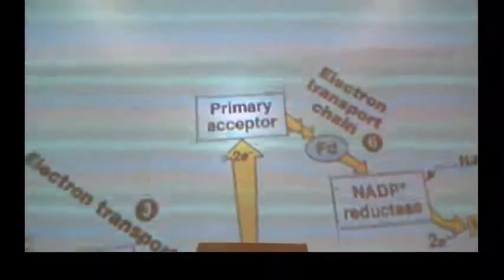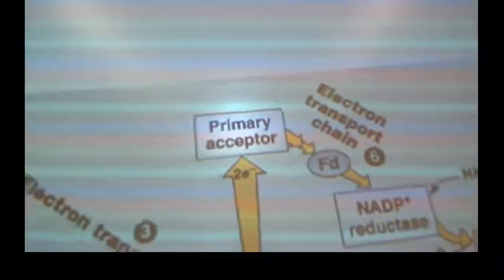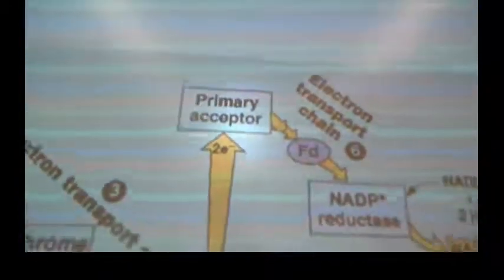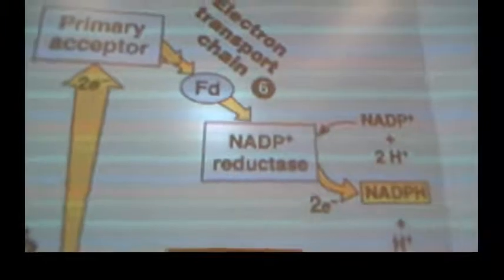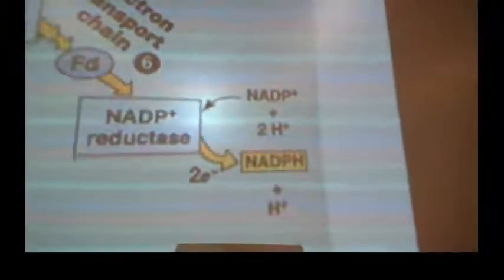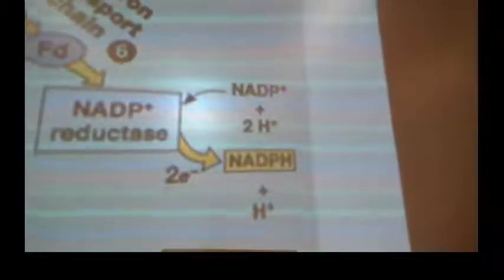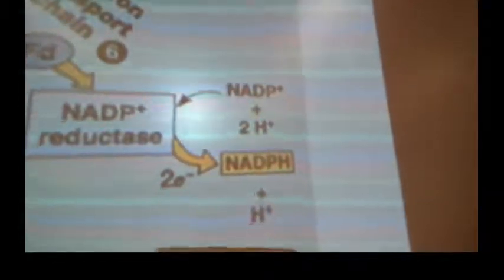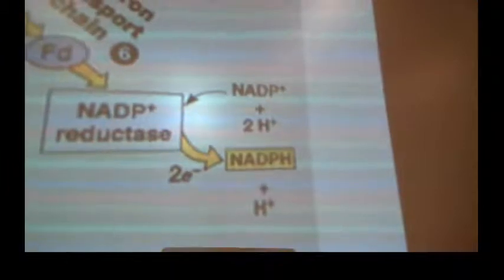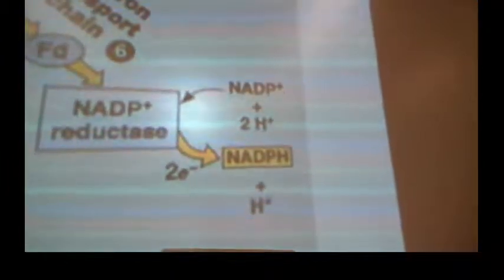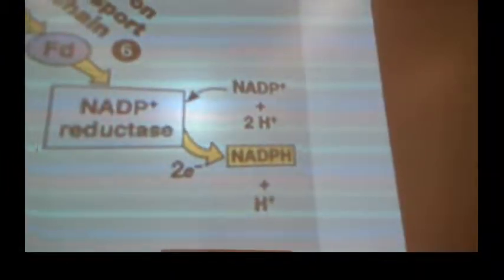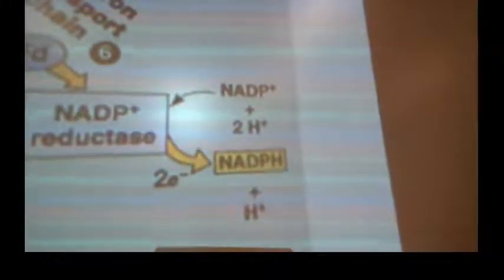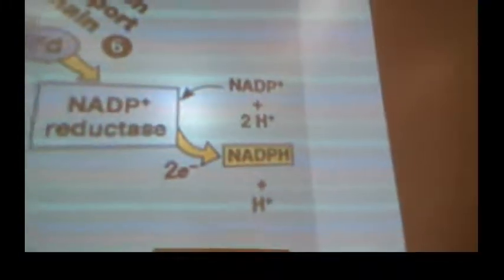Then they're going to move through another series of membrane proteins until they wind up in this molecule called NADPH. Okay? NADPH is ultimately going to carry those electrons to the light-independent reactions or the Calvin cycle so that part of photosynthesis can work. Okay?